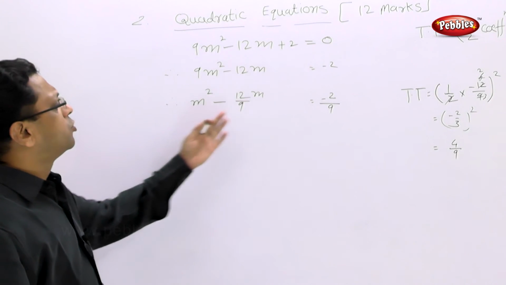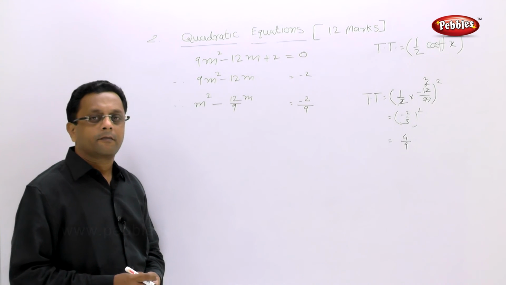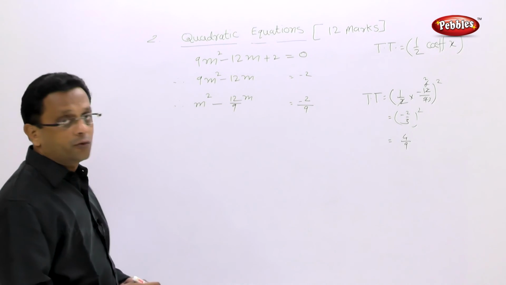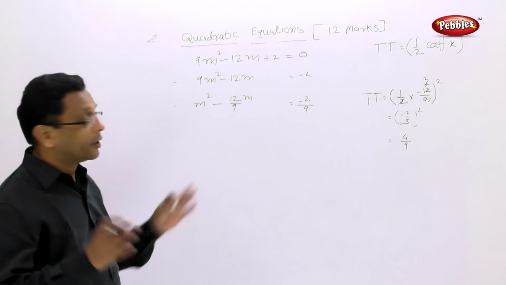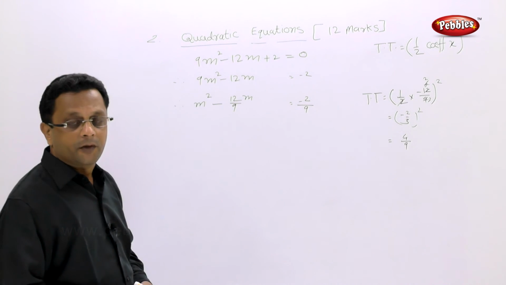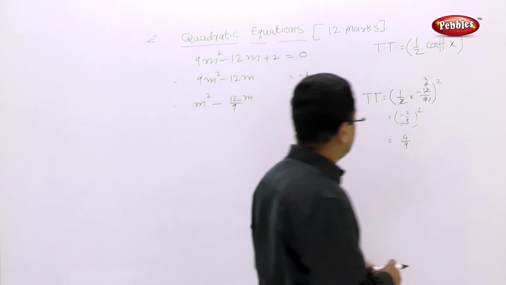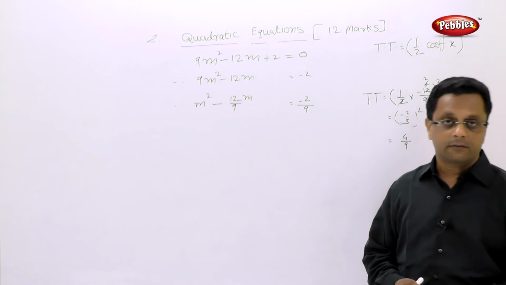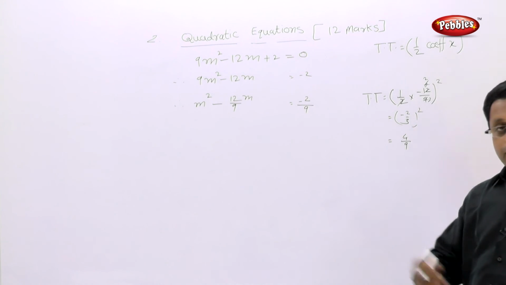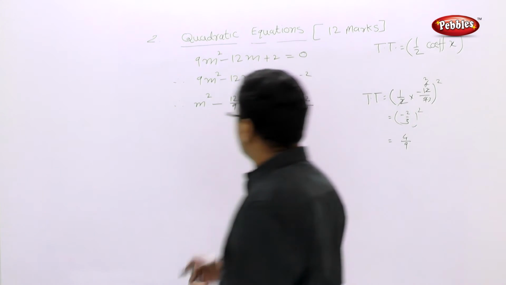Now you can add this to both the sides. Now I am leaving this up to you, or shall I solve it? Okay, this is the last example I am solving. In 2.4 we will just stop up to the adding third term. Okay, and further you have to do it.